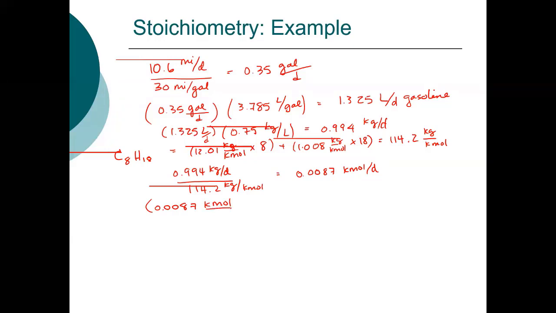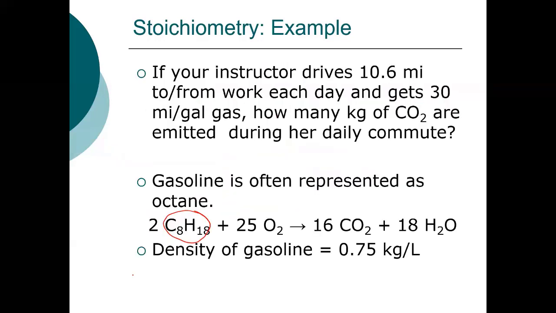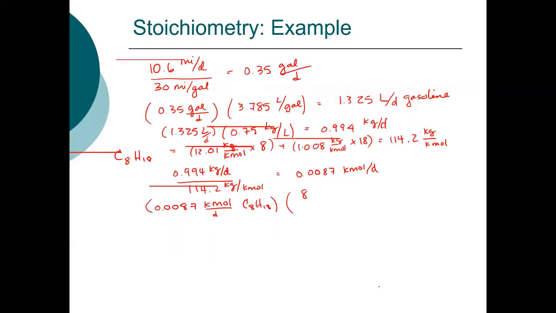So we have kilomoles per day. This is kilomoles of octane. We will consume, go back to this reaction here, 16 moles of CO2 for every 2 moles of octane, or 8 moles of CO2 for every 1 mole of octane.